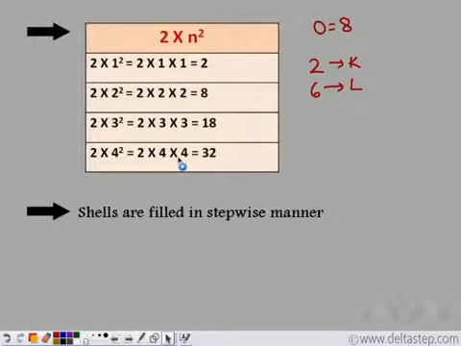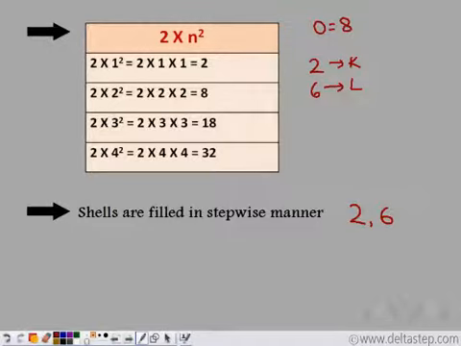The second rule says that shells are filled in a stepwise manner. The way we write the electronic configuration is, we first write the number of electrons occupied in the first shell, then we write a comma, then we write the number of electrons present in the next shell.